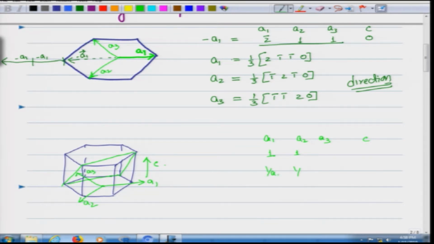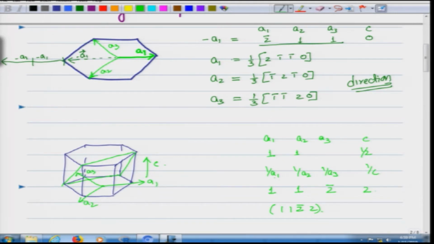So, 1 by A1, 1 by A2, 1 by A3, 1 by c, and c is 2, 1 by 2, it is intersecting at half the length. Now, the reciprocal of this is 1 1 1, and then all these 3 must sum to 0. So, this becomes bar 2 and this is 1 by 2, so this becomes 2. So, this will be a 1 1 bar 2 2 type of plane.